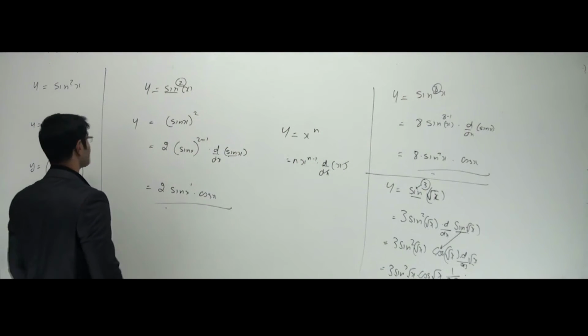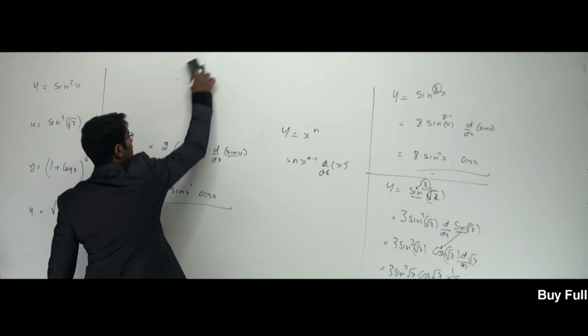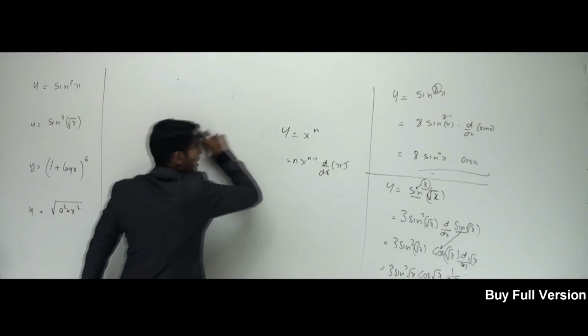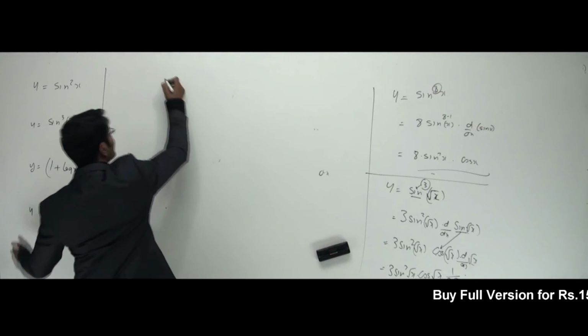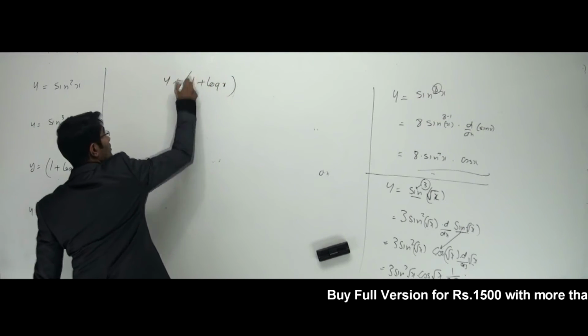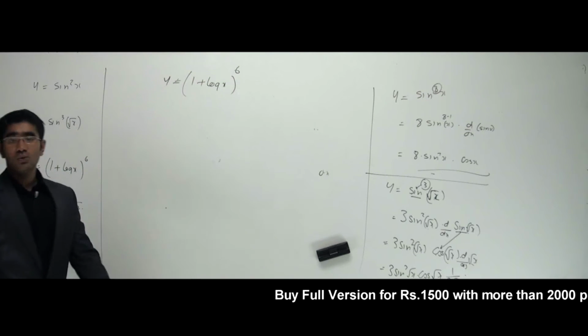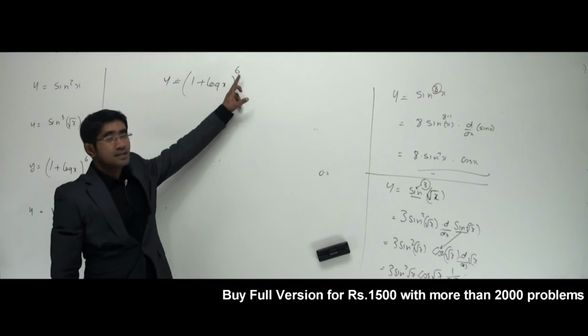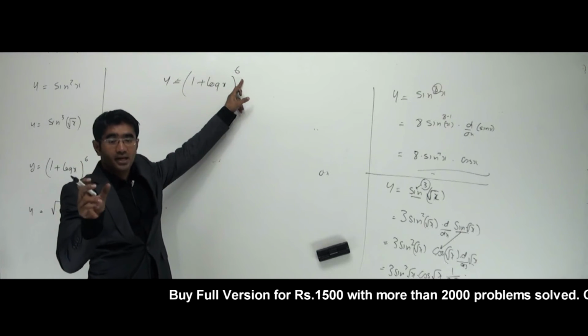So what next? Look at this. Next thing I have here is y is equal to 1 plus log x the whole power 6. Now who's the outermost function? The power 6. Any power I take as a function basically.